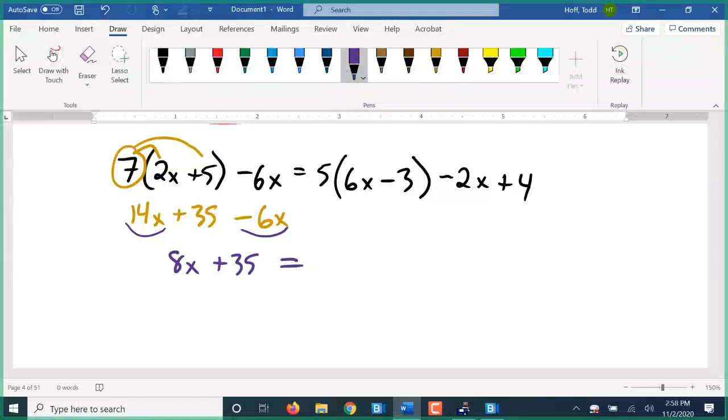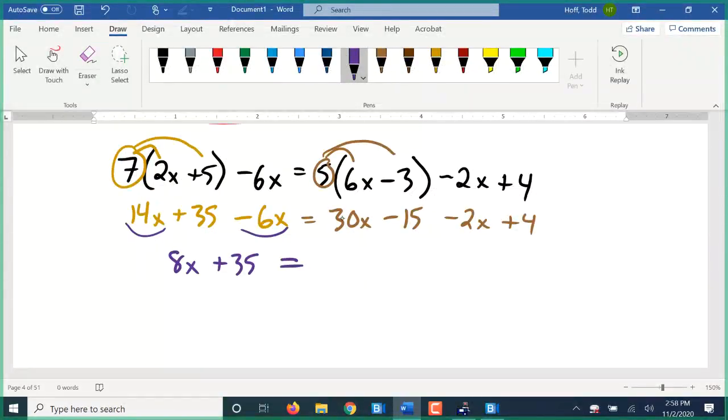On the right side, we have the parentheses, nothing to do inside the parentheses, so we're going to multiply by the 5. 5 times 6x is 30x. 5 times negative 3 is negative 15. Well, the rest of this, the negative 2x and the positive 4, haven't changed.